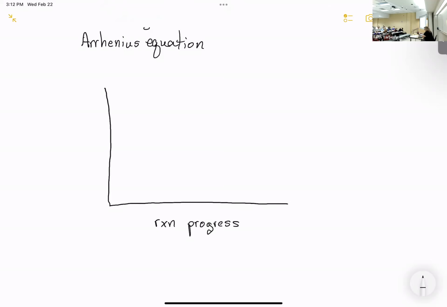On the y-axis you are talking about energy. When we look at a reaction, the reactants are on the left. So that is our starting point.